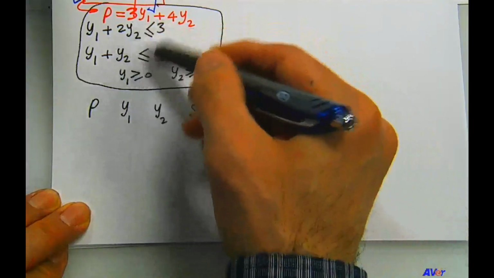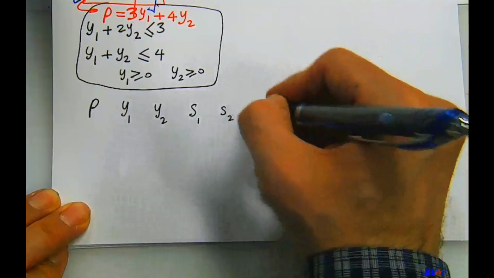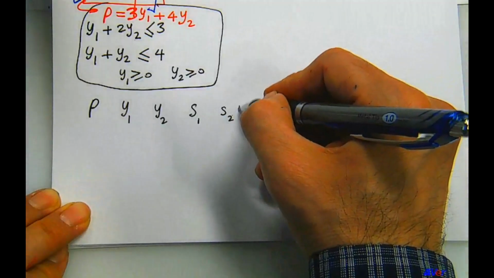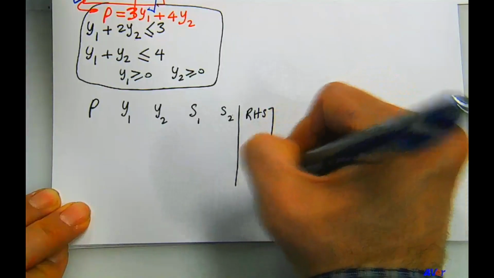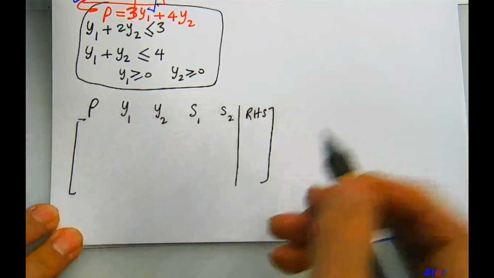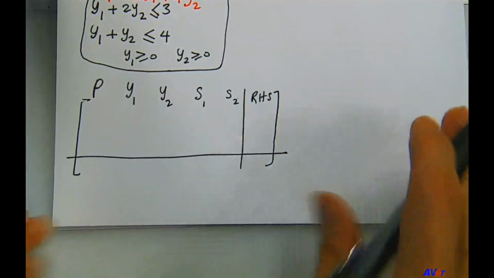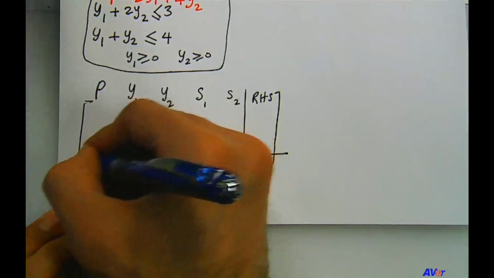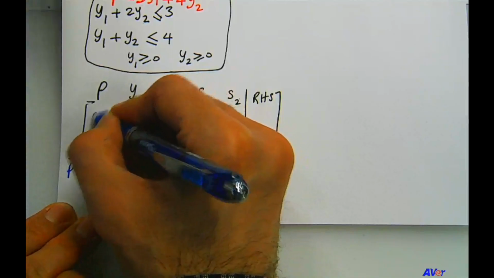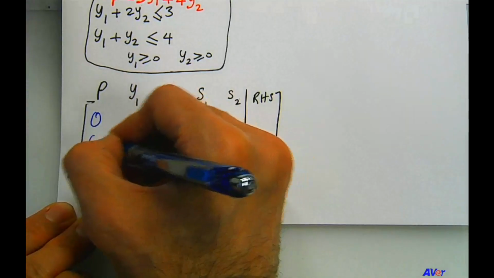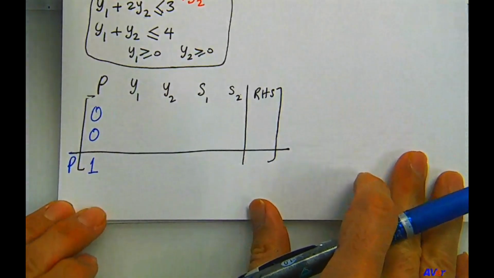We have two constraint inequalities, so we're going to need two slack variables, and then of course the right hand side, like that. So I'm going to put a P on this side. Okay, we know that the first column is 0, 0, 1, right? From sections 5.1, 5.2, we know that.